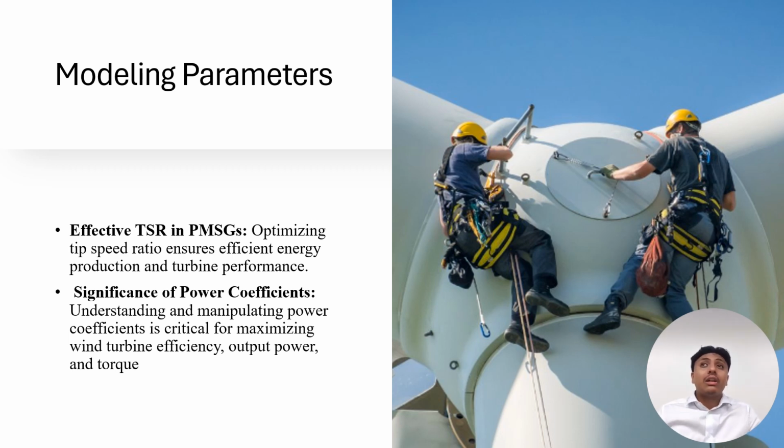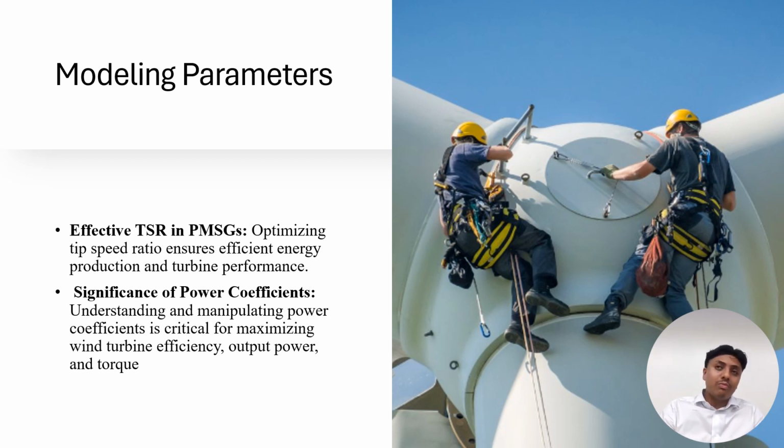When we have a low TSR, we can have a low power coefficient, and that tells us that we have a low mechanical power output, which is not efficient. When we have too high a TSR, we are also at a non-efficient point as we have low mechanical power.